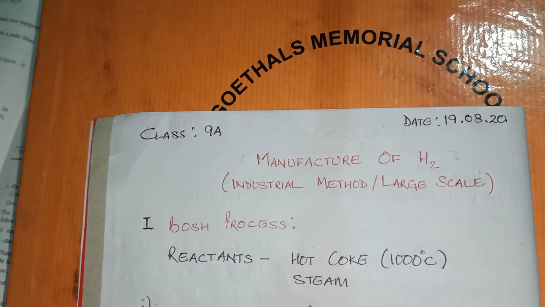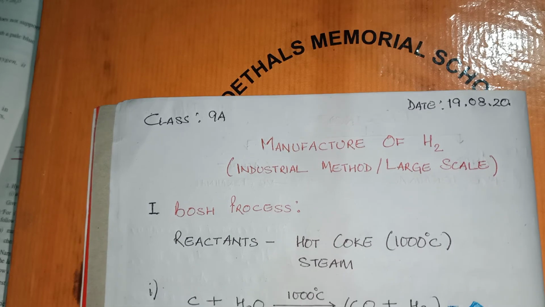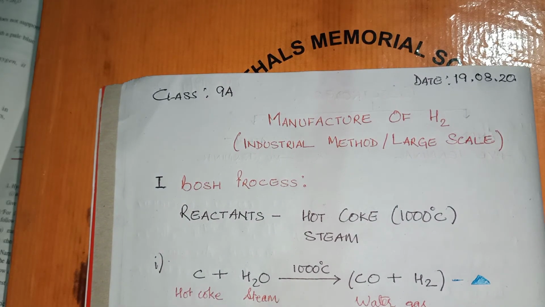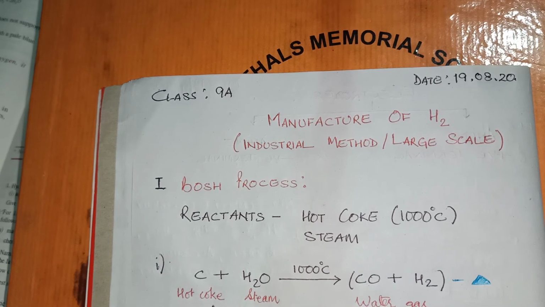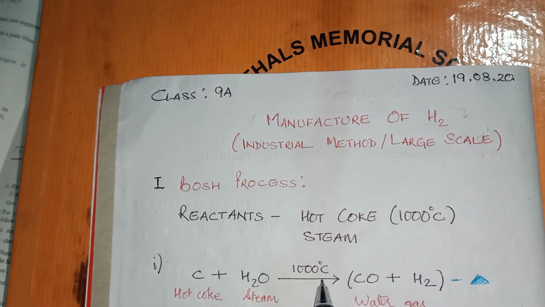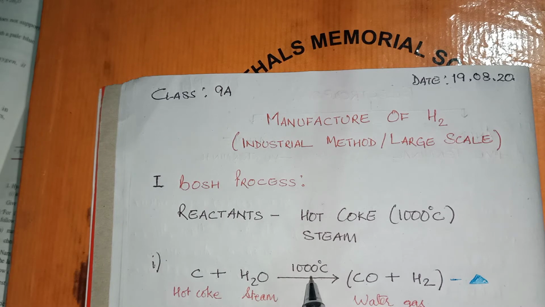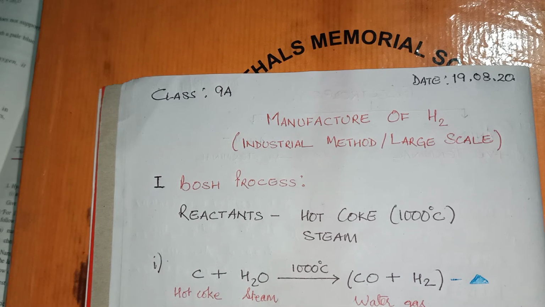The first step in the Bosch process is to pass hot steam over hot coke at around 1000 degrees Celsius. When we pass steam over hot coke at around 1000 degrees Celsius, we get water gas.